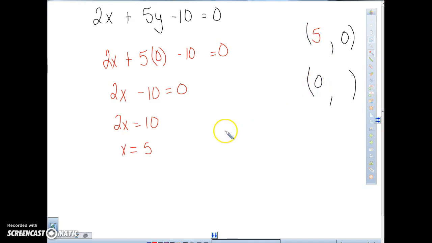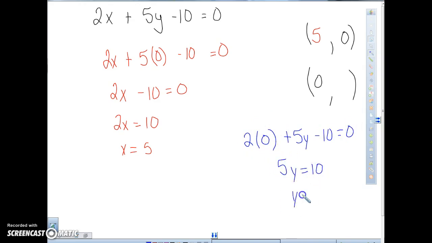Plug the 0 in here for x. Change colors. That cancels. We have 5y equals 10. Y equals 2 because I divided by 5 on both sides. 10 divided by 5 is 2. So our answer is 5, 0, and 0, 2.